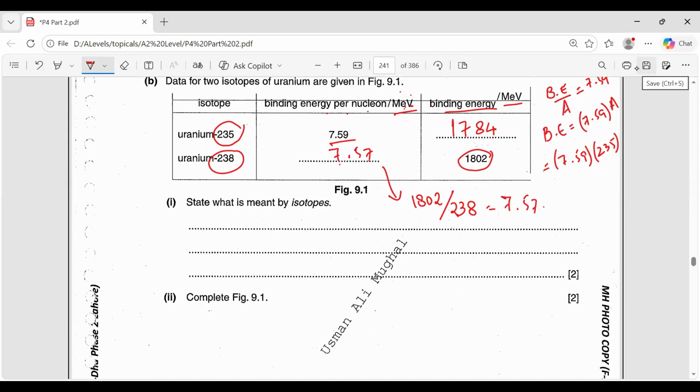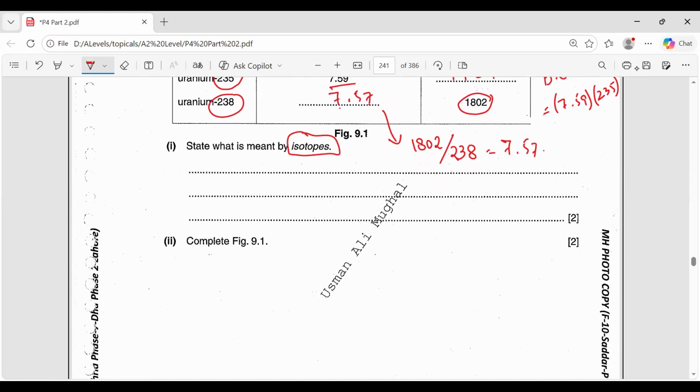Yes, sir. Okay. Next it says, what is meant by the term isotopes? Who is going to tell me about the term isotope? What is an isotope? Speak up.